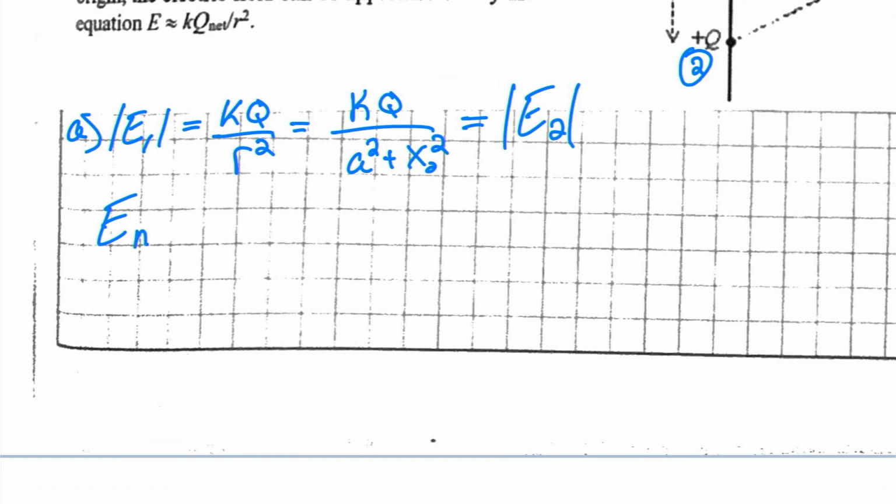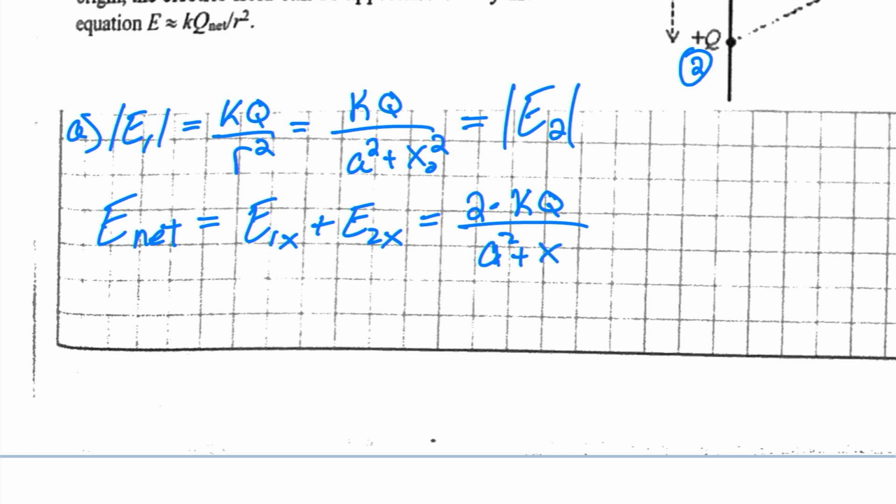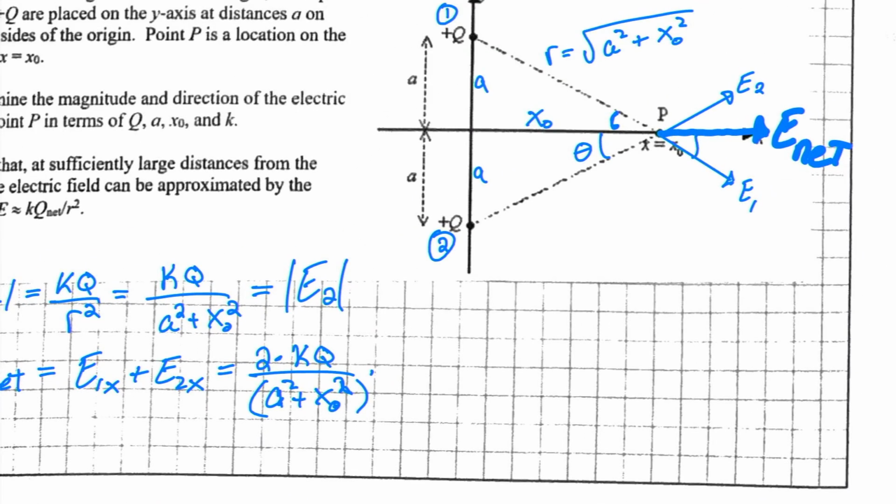The net electric field is equal to E1 in the x direction plus E2 in the x direction, which is going to equal 2 times kq over a squared plus x naught squared times, and if I just want the x components, there's going to be angle theta as well.